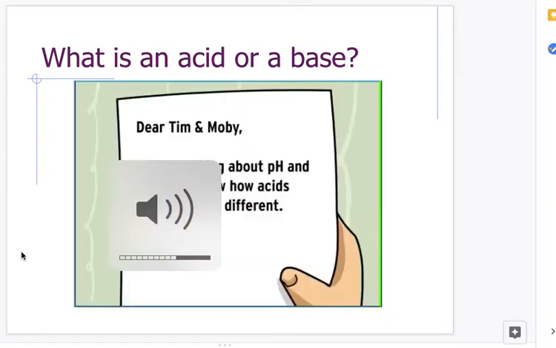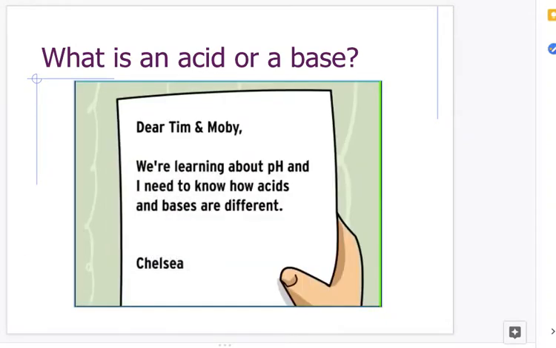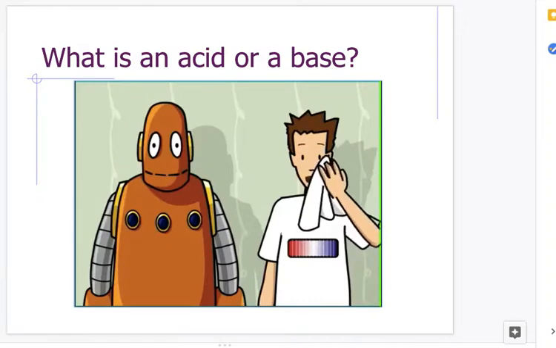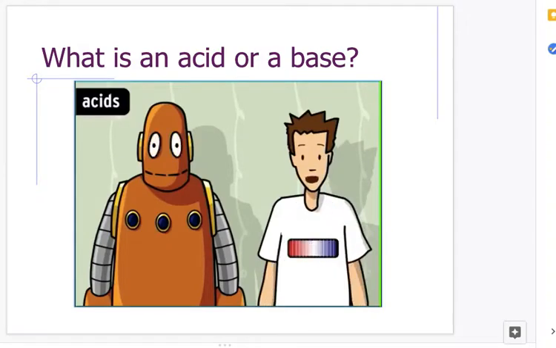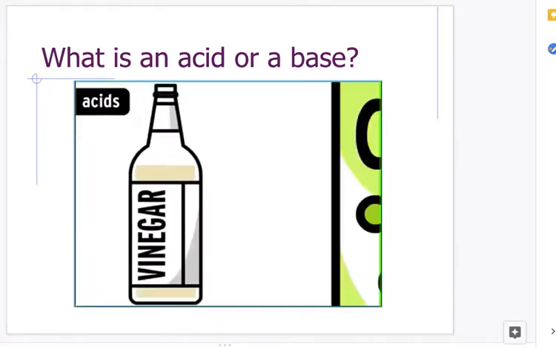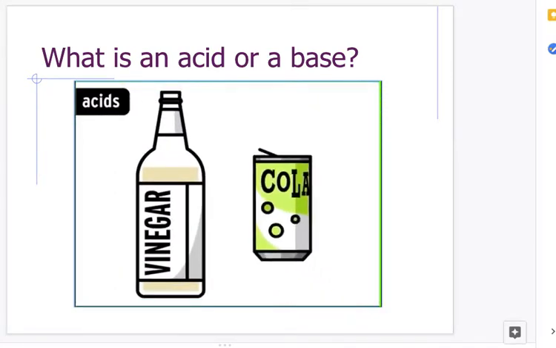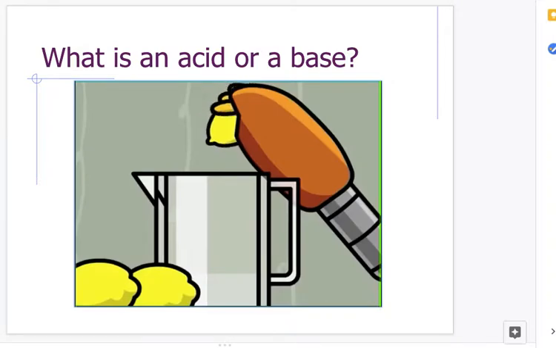Dear Tim and Moby, we're learning about pH, and I need to know how acids and bases are different. From Chelsea. Well, lemon juice is certainly an acid. It tastes sour, and it stings if it gets in your eye or a cut. Substances like vinegar and some soft drinks are acids too. Acids release positively charged hydrogen atoms when they're dissolved in water.